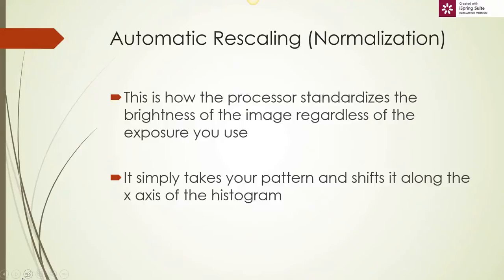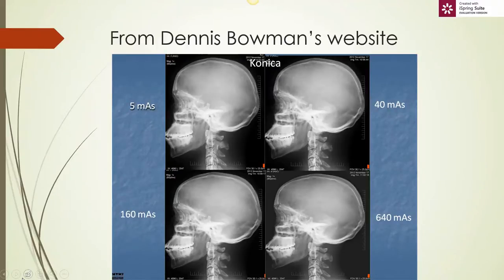And here's the thing. Even if you put too much radiation in there or too little, the computer is going to make an attempt to normalize the data, to make it a normal brightness value that is acceptable to us. This is part of the way you end up with images like this. We've gone from 5 to 640 mAs.